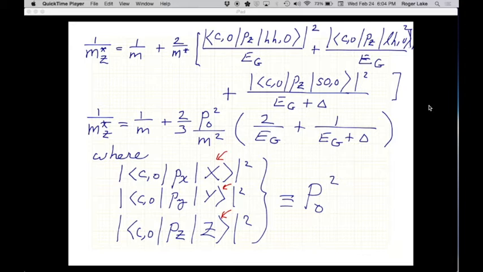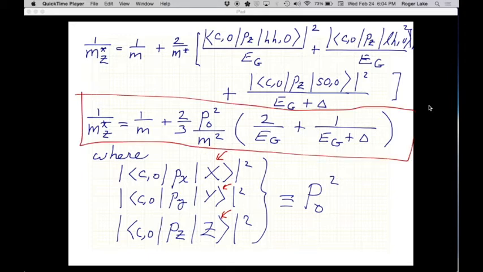But now let's say something about this equation that we've written down here. This P0 squared is simply a parameter that we've called for the matrix elements between the basis states that we use in K dot P theory. The basis states are the conduction band Bloch function at gamma, and these are the valence band Bloch functions at gamma, ignoring the spin orbit coupling.